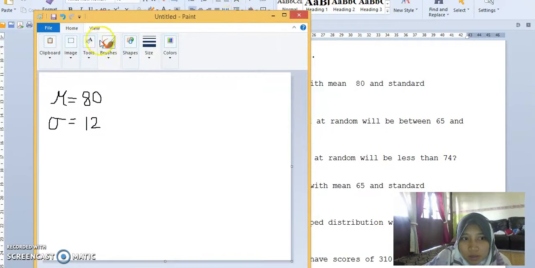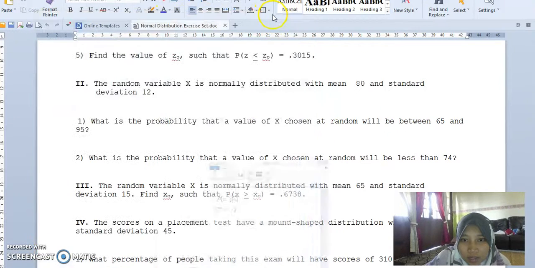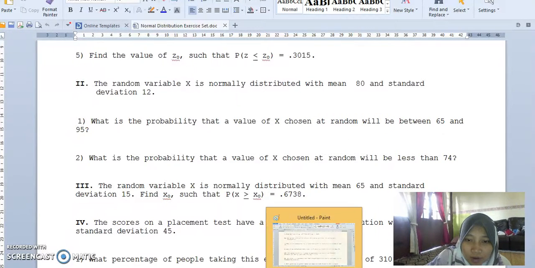Alright, so what you are trying to find is the probability that a value of x chosen at random will be between 65 and 95.